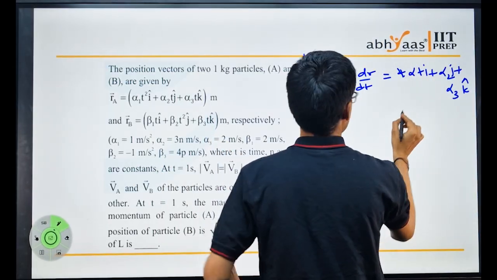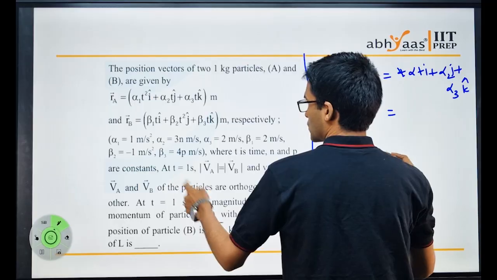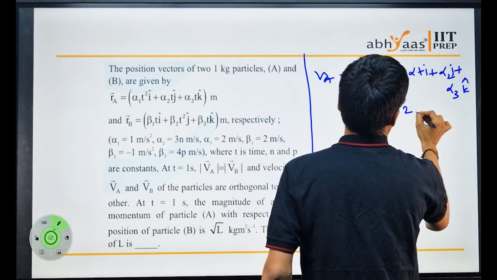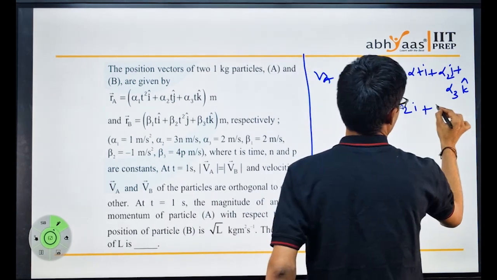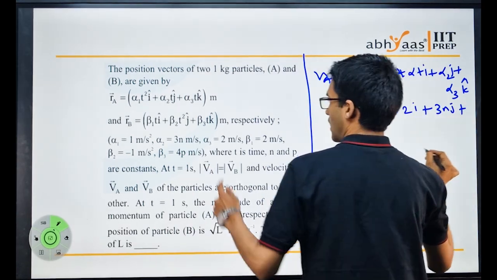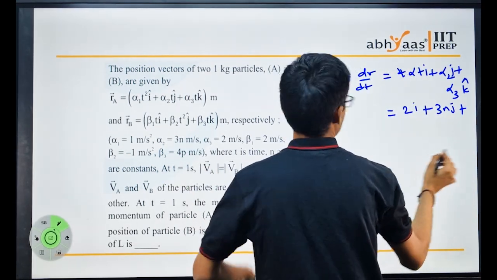Just substitute the values and time also, that is 2 alpha 1 into 2 i cap plus alpha 2 is 3n j cap plus alpha 3 is 2 k cap.